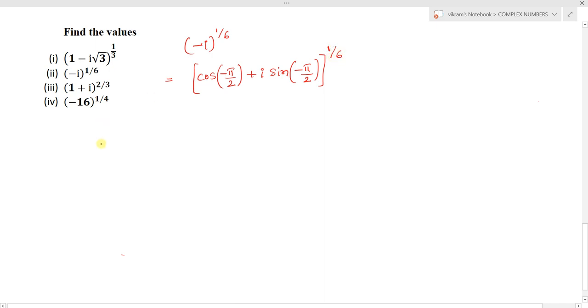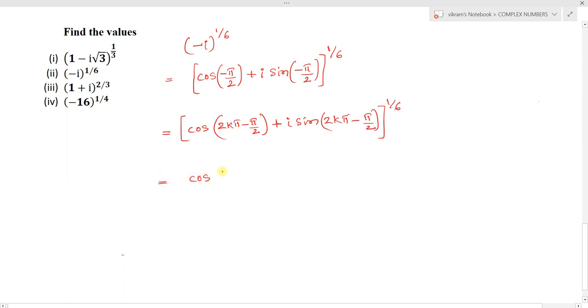Now we can write this in generalized form as cos(2kπ - π/2) + i sin(2kπ - π/2), whole power 1/6.